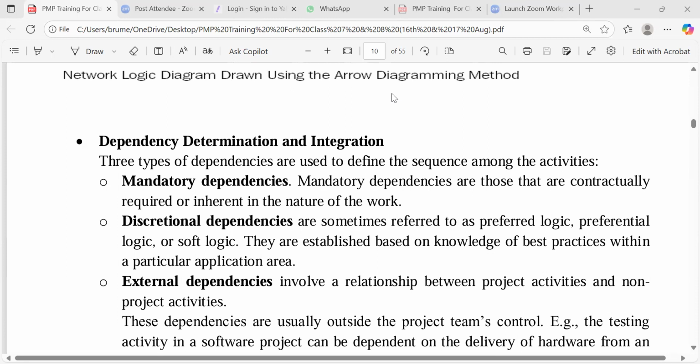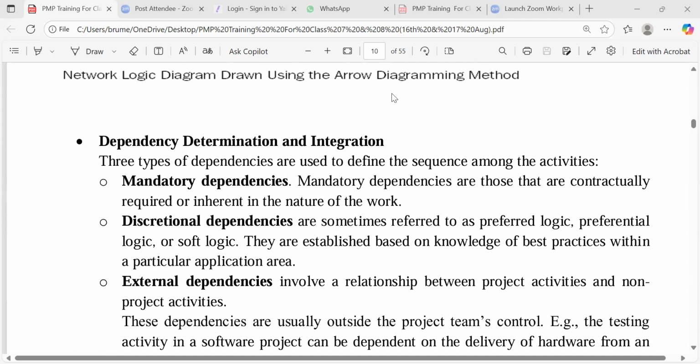But if it happens that we can juggle the ways, based on standard practices, it becomes discretionary. They are sometimes referred to as preferred logic, while the mandatory are referred to as hard logic. It's not written here, but I could tell you that. The mandatory dependencies are called hard logic, while the discretionary dependencies are what?